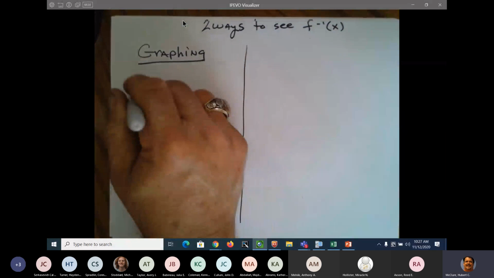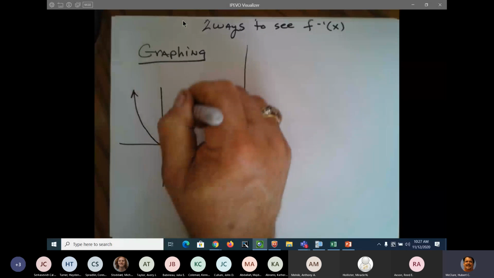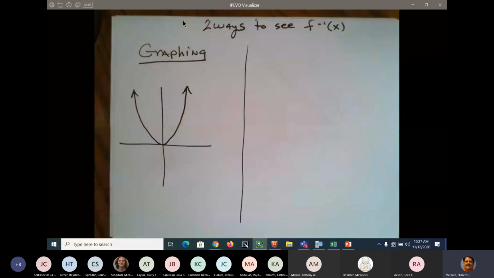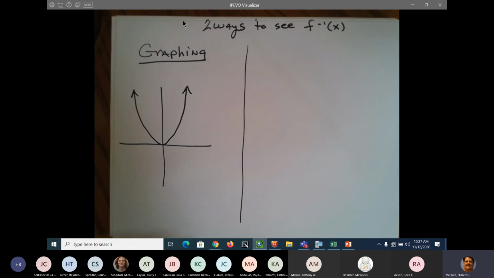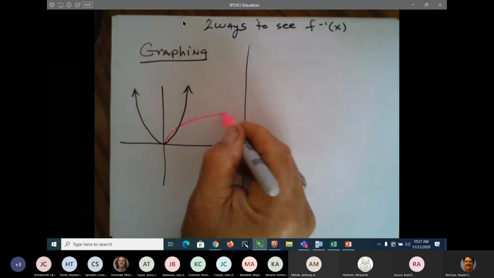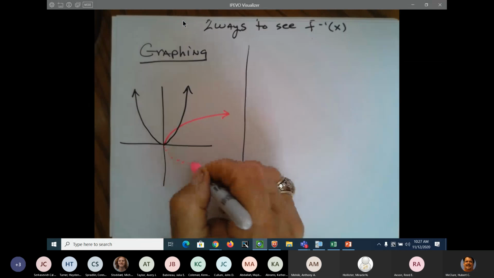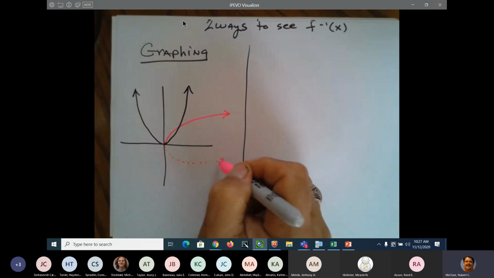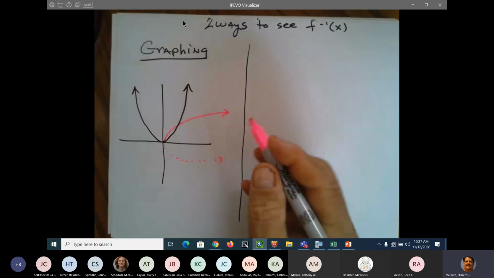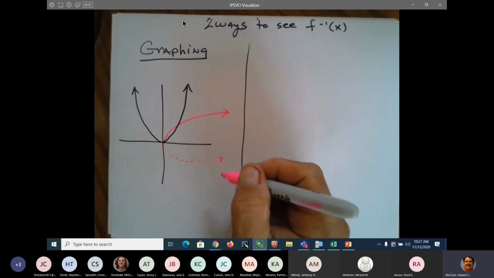f of x is equal to x squared, and x is equal to the square root of y would look like this. And it does not exist under here, so I just draw a dotted line because you can't take the square root of a negative number.